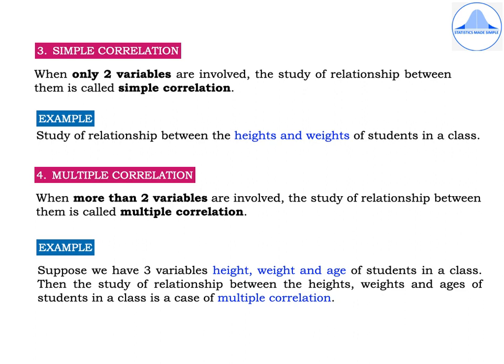When more than two variables are involved, the study of relationship between them is called multiple correlation. For example, suppose we have three variables: height, weight, and age of students in a class. Then the study of relationship between the heights, weights, and ages of students in a class is a case of multiple correlation.